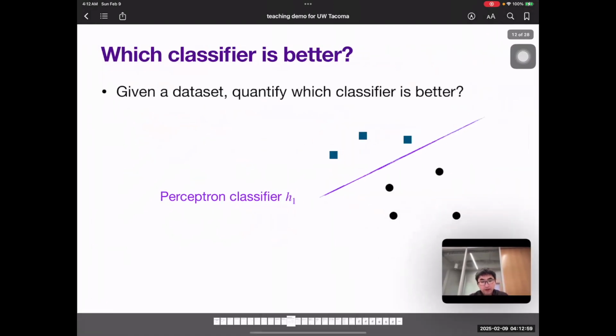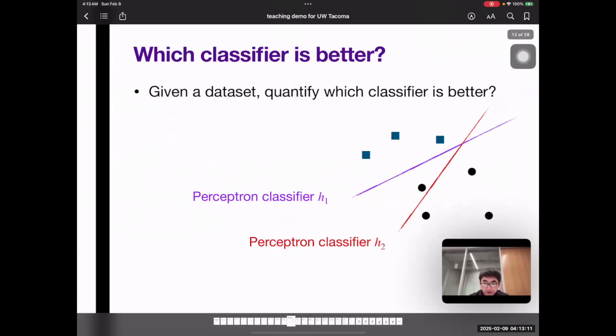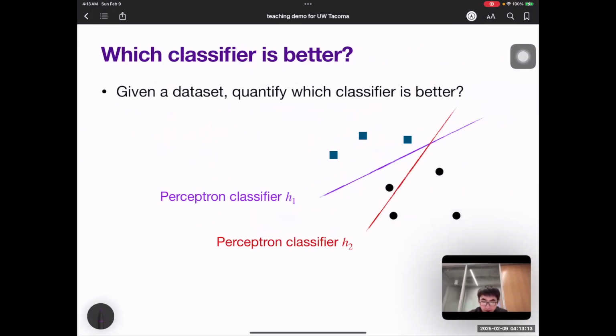One of the classifiers can separate the two groups of data perfectly. However, for the red classifier, you will find that it misclassifies this data point.